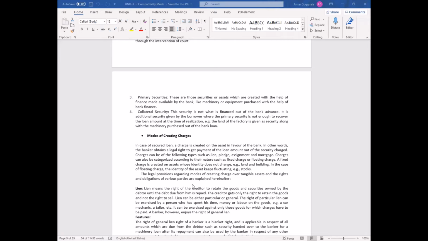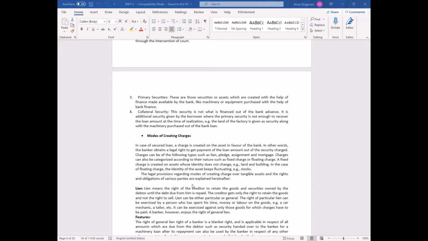So basically it's an agreement in which the bank creates a charge on the asset, and that charge states that the bank has a legal right to get the payment in case the customer defaults on the loan amount, some part of it, full, half, whatever that is. To recover that remaining or unpaid portion of the loan or advance, this security will be charged.